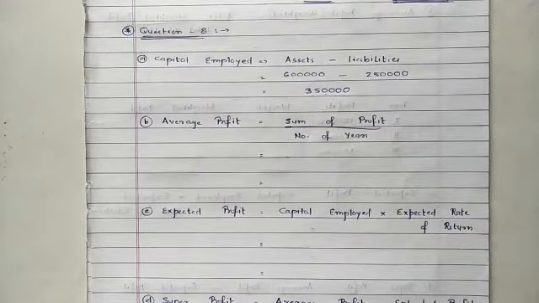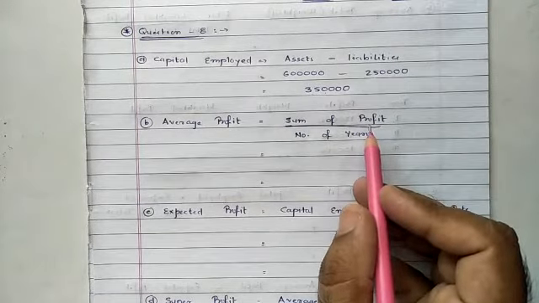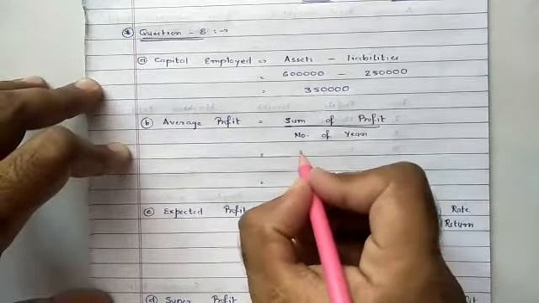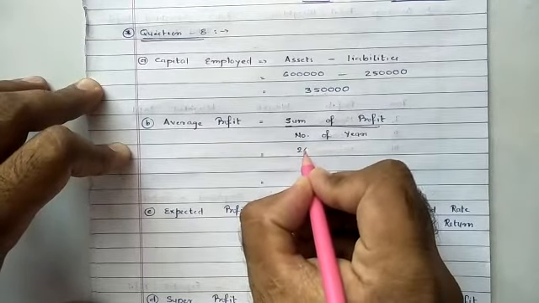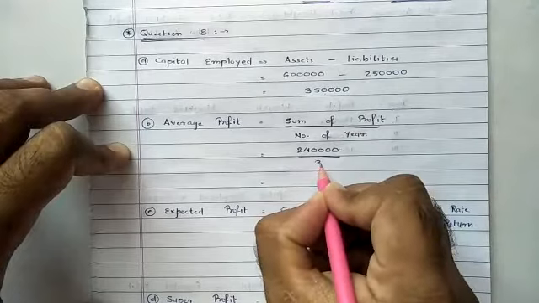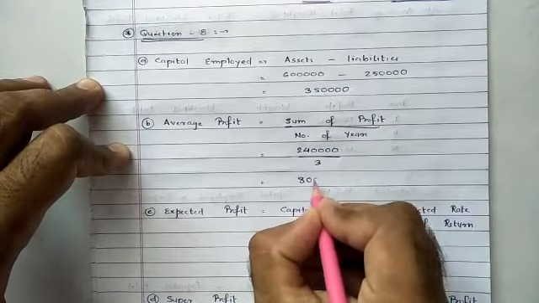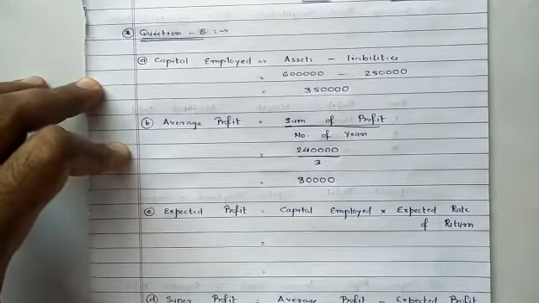So the sum of profit is 80,000 plus 70,000 plus 90,000, total equal to 2,40,000 divided by the number of years, that is 3 years. So 2,40,000 divided by 3, average will be equal to 80,000.